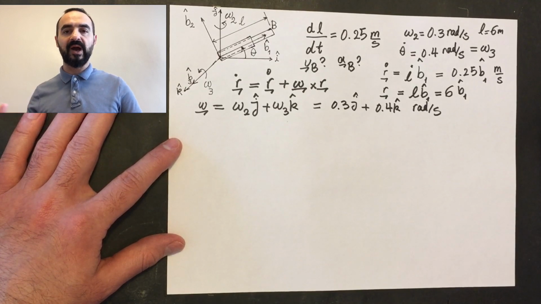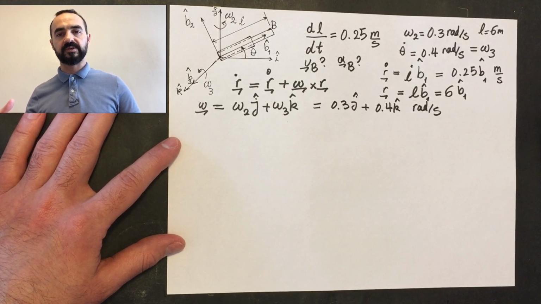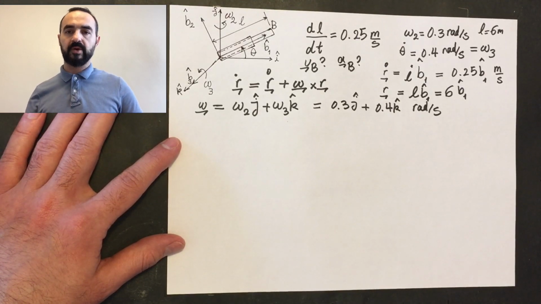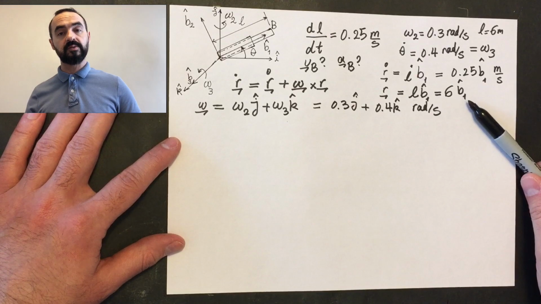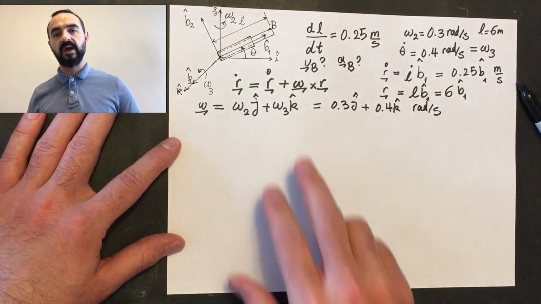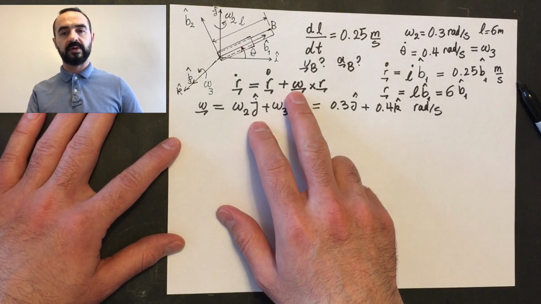So we go back to the transformation of frames. At this point it's basic math, because what we need to do is first describe B1 hat in terms of I hat, J hat, and K hat, and then perform this operation.